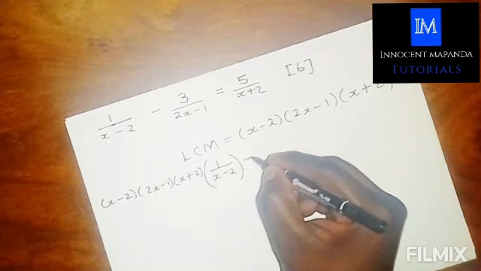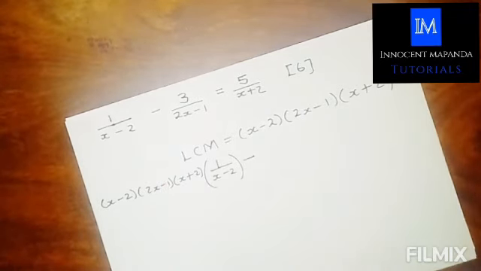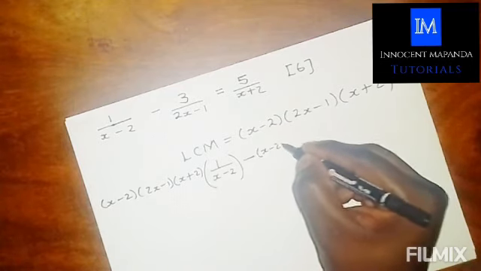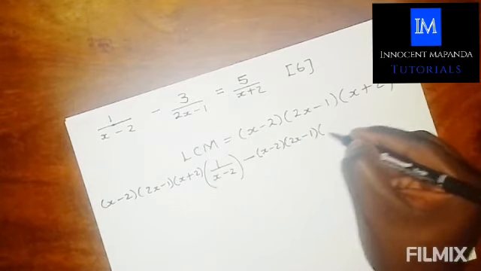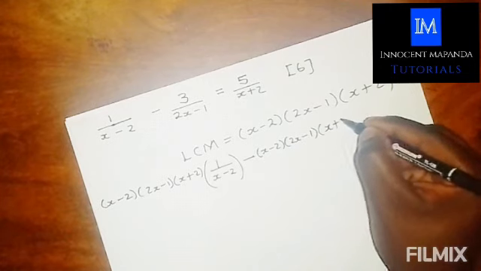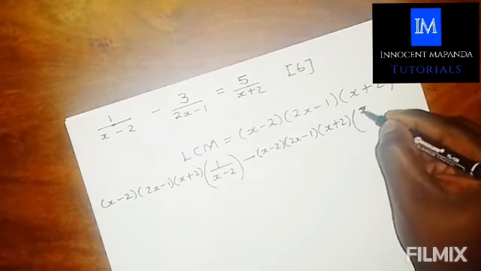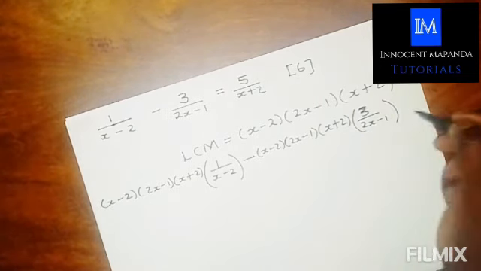After that, I'm going to put a negative sign in between the two fractions on my left side. So I'm going to write the LCM, x minus 2, 2x minus 1, x plus 2, to multiply 3 over 2x minus 1.